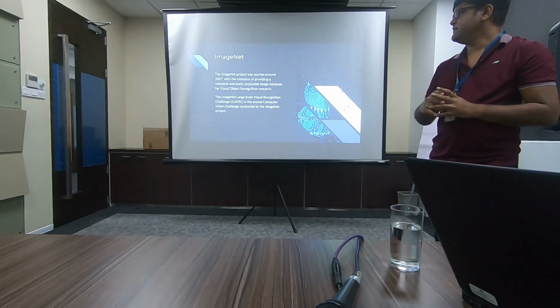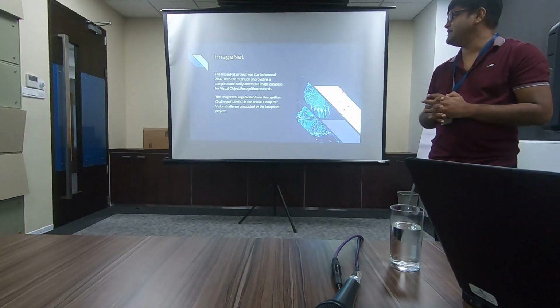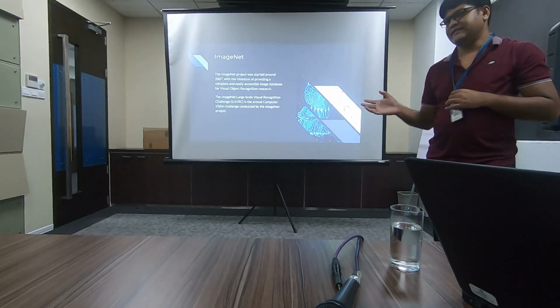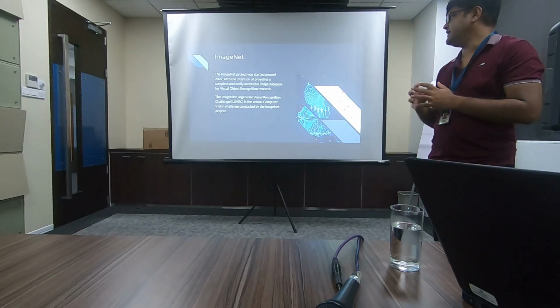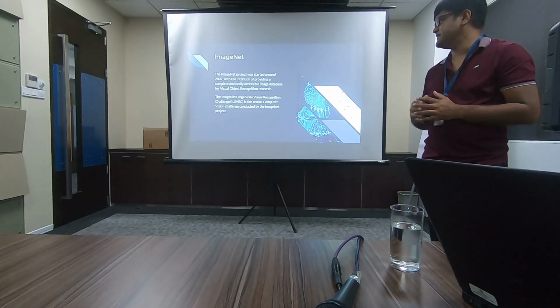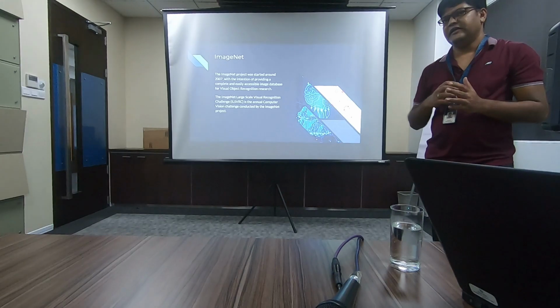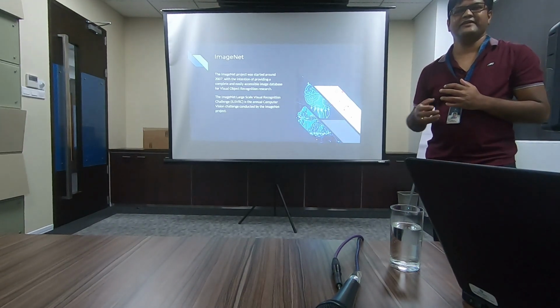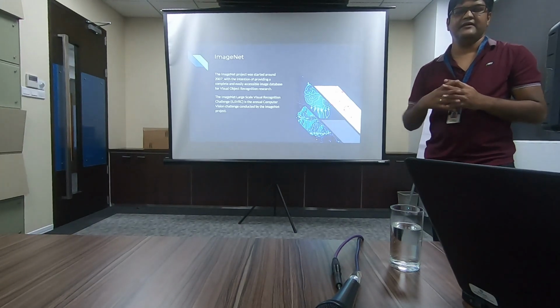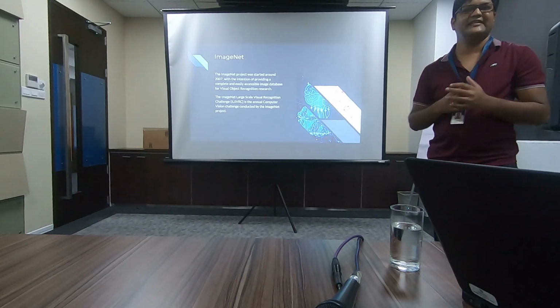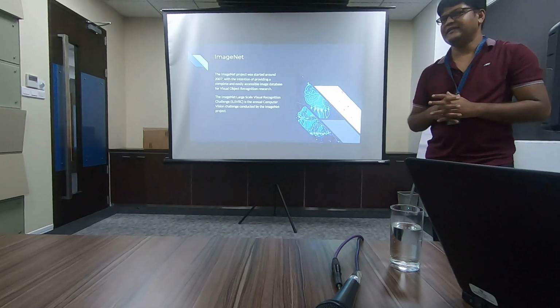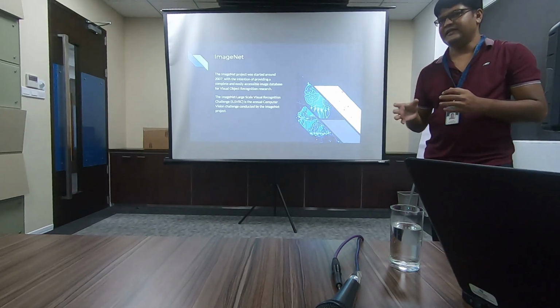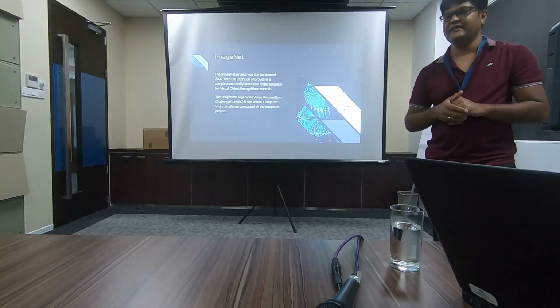And the good thing about ImageNet is they have a competition that runs annually called the ImageNet Large Scale Visual Recognition Challenge, and it's sort of like the Olympics of the AI world. Every serious researcher tries to compete in this and win that year's prize on it.